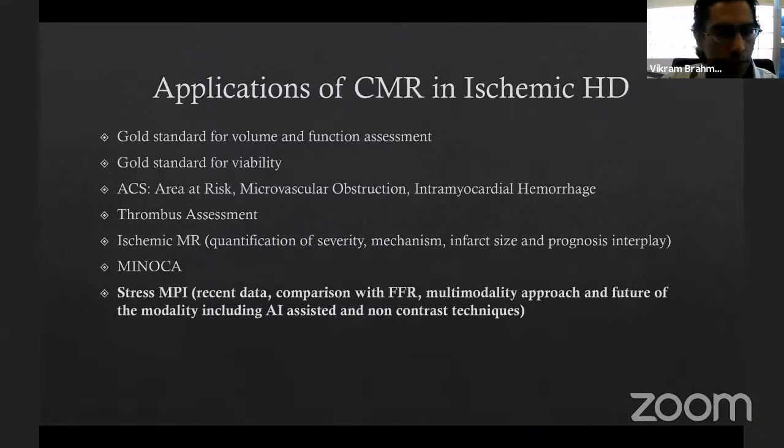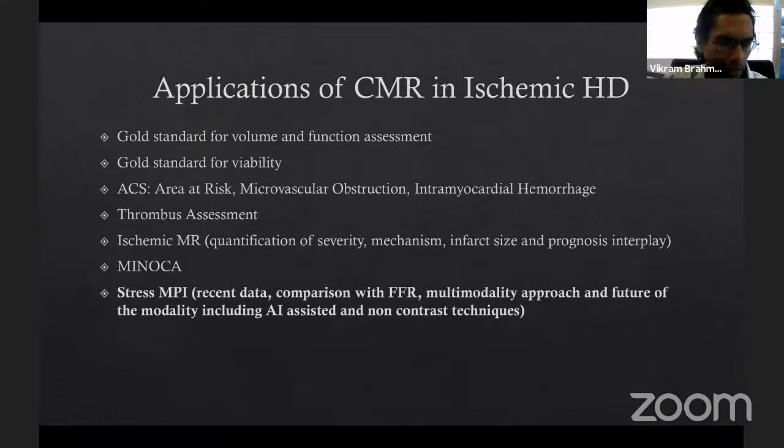But other things we can look at, especially in ACS patients, and I used to do a lot of this in training, you can really look at things like area at risk with T2 weighted edema imaging. You can look at microvascular obstruction with first pass imaging, even intramyocardial hemorrhage with T2 star imaging. And all of these tools help you to risk stratify patients and prognosticate a little bit better.